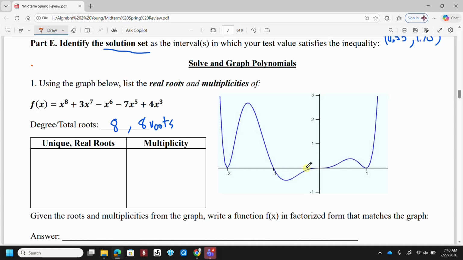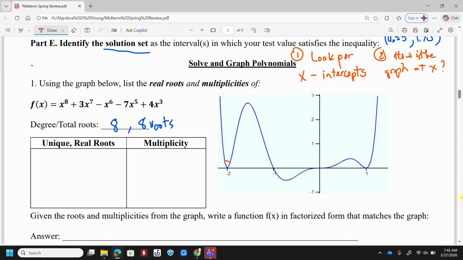Okay, so here we go. Look for the x-intercepts first. And then the next thing is how the graph behaves at those x-intercepts.